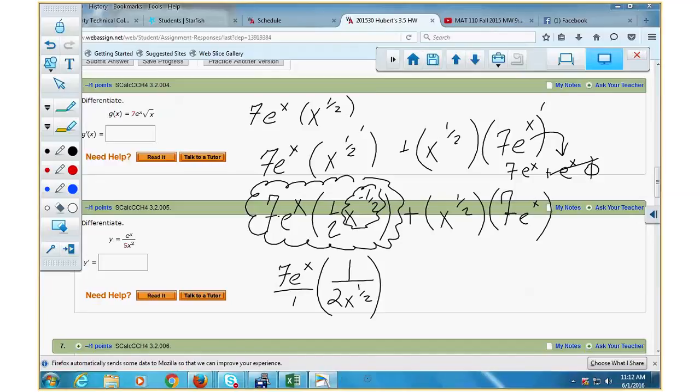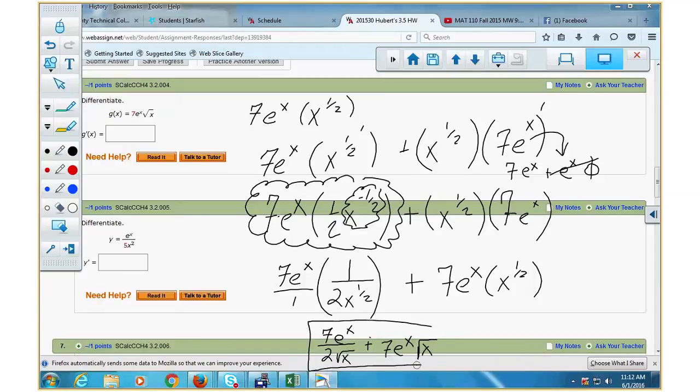Notice I'm putting another step in because I don't want to screw it up. And then x to the 1/2, this is all one term, so I'm going to go 7e to the x times x to the 1/2. And now I get 7e to the x over 2 square root of x plus 7e to the x times the square root of x.